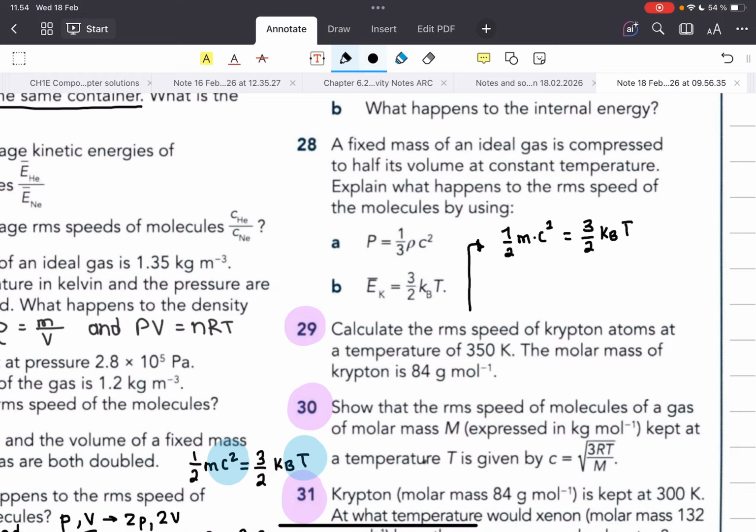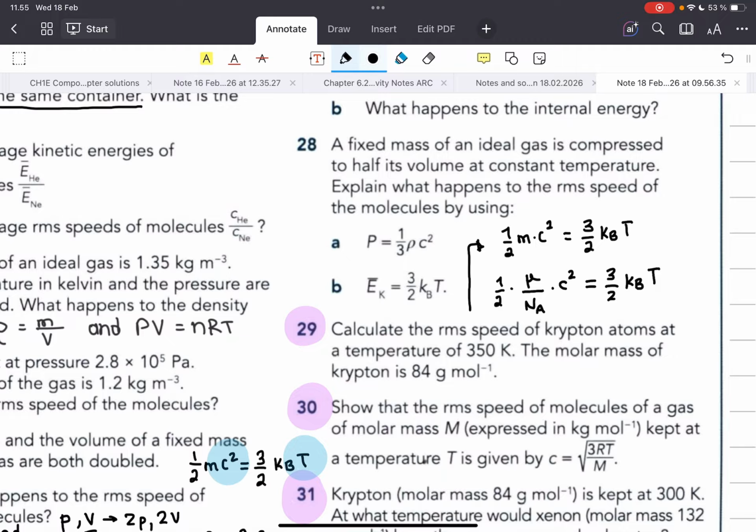This m is the mass per particle, and here we're only given the molar mass. As I explained right before, if we want to use the molar mass instead of m here, use the molar mass, which is how much mass there is per mole, divided by how many particles you have per mole, Na, and then you will be good to go.